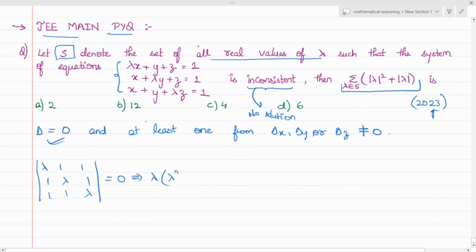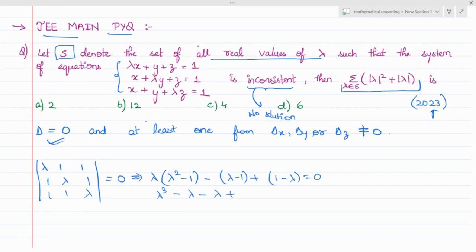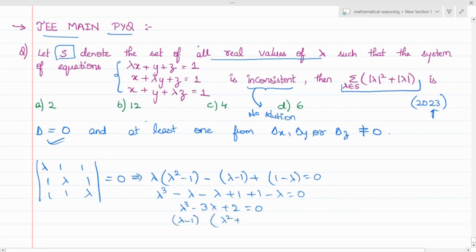So it becomes lambda(lambda square minus 1) minus (lambda minus 1) plus (1 minus lambda) equal to 0, which becomes lambda cube minus 3 lambda plus 2 equal to 0. And this can be written as (lambda minus 1)(lambda square plus lambda minus 2) equal to 0.